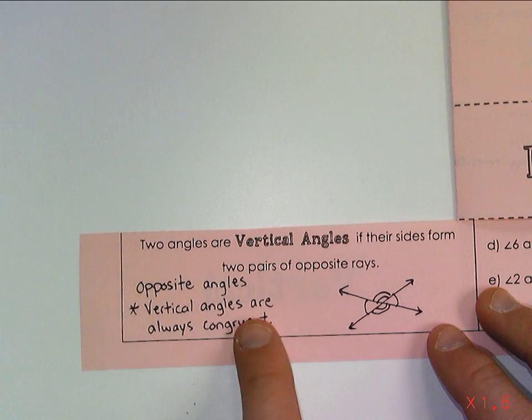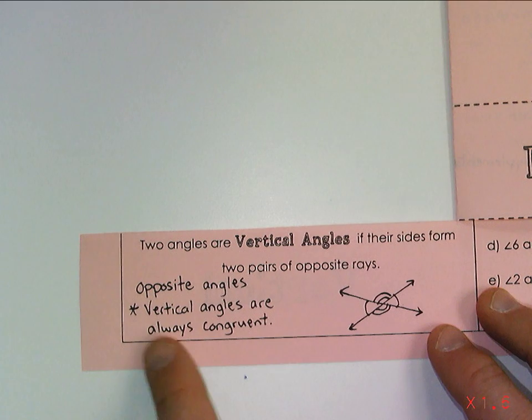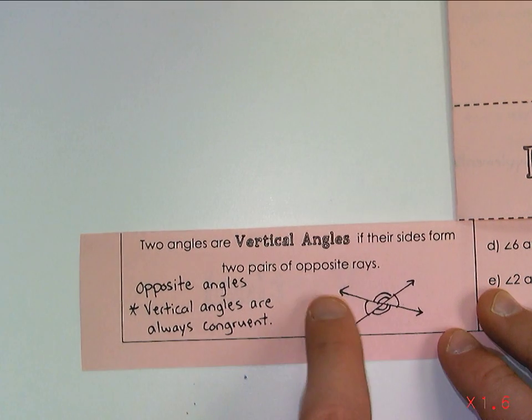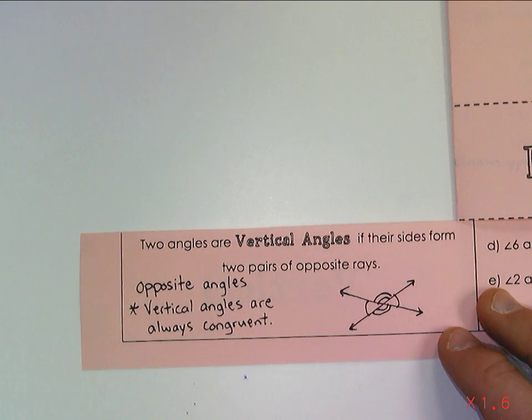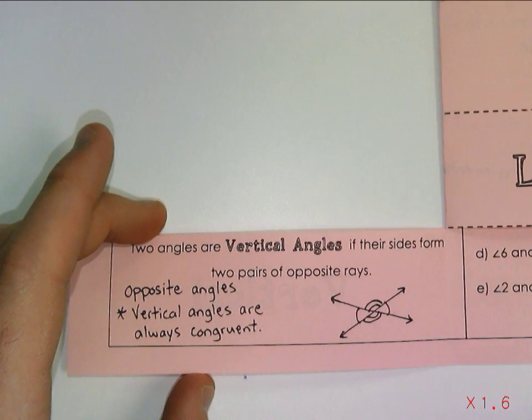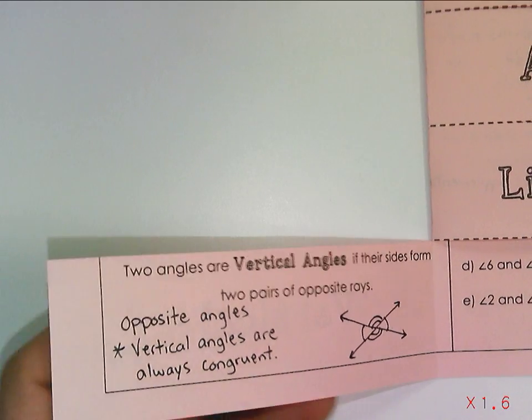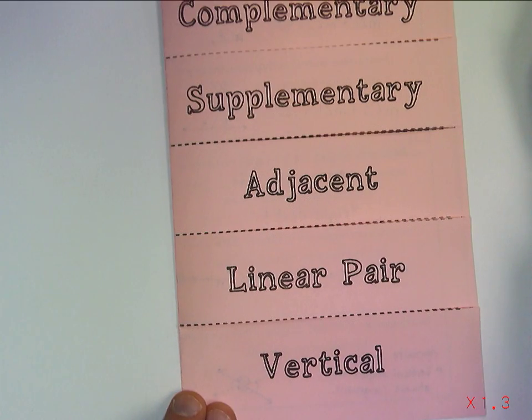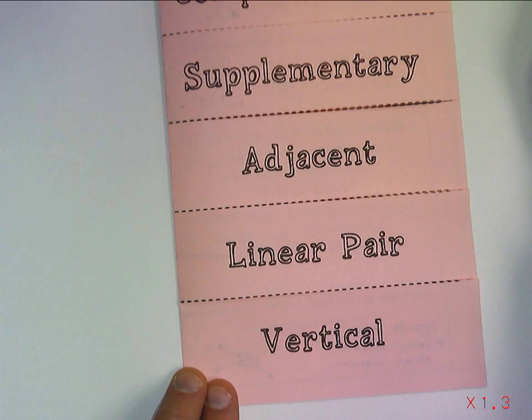Vertical angles are opposite angles, meaning they're across from each other. We have two pairs of them here, and they're always congruent. They're equal to one another. That will be important to remember when we're setting up algebraic equations in order to solve. So those are your definitions of complementary, supplementary, adjacent, linear pair, and vertical.